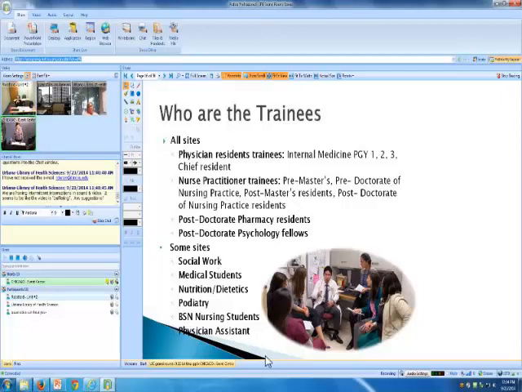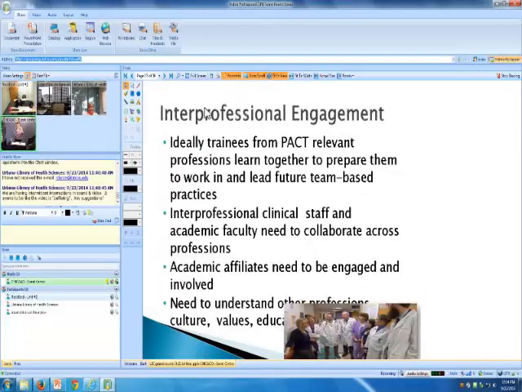And then some of the sites, and I think our San Francisco site has had the largest and most diverse other trainees that have been involved, from social work to med students to dietetic students, podiatry, undergraduate nursing students. And only one site, West Haven, has engaged physician assistant trainees. Again, the mandate was the physician and NP trainee.